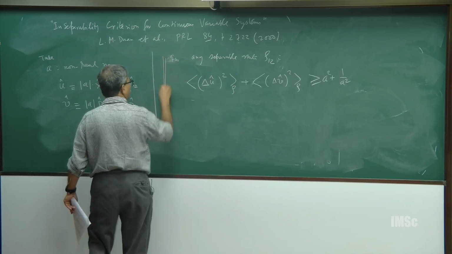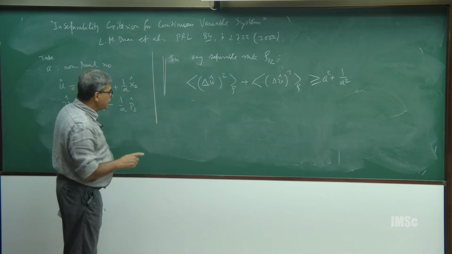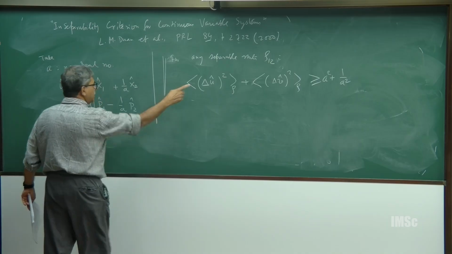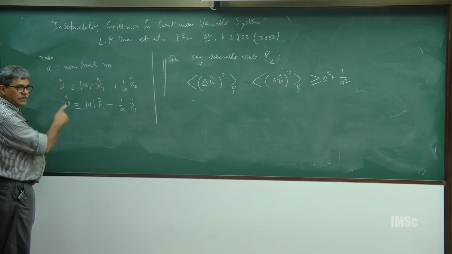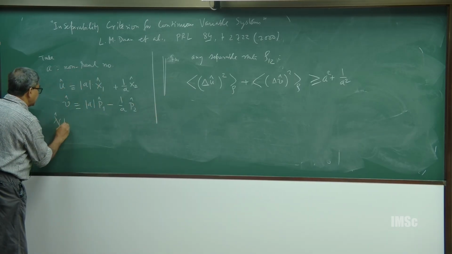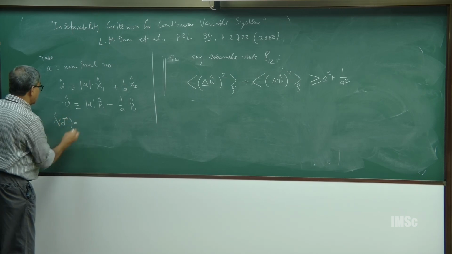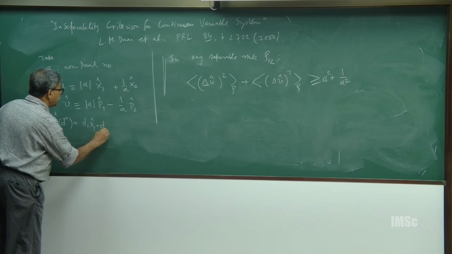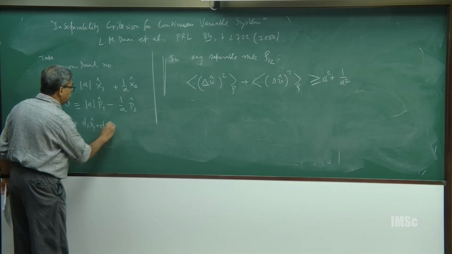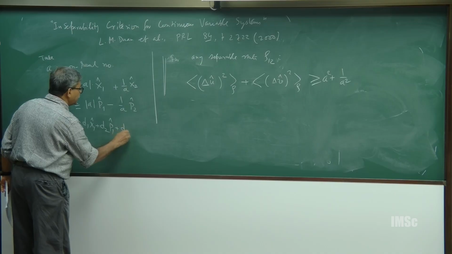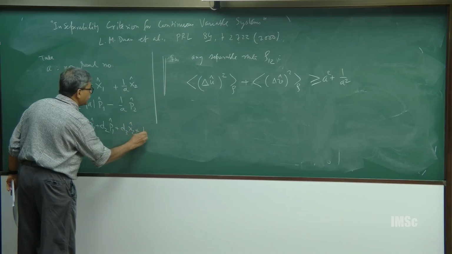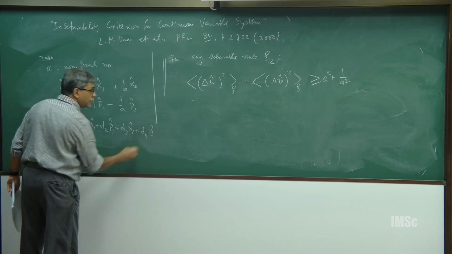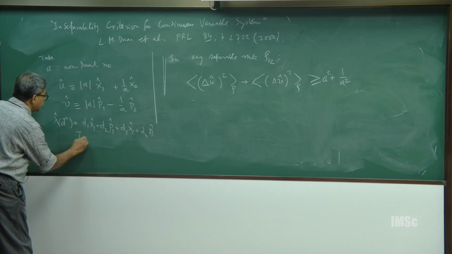Okay. So, remember in Simon's paper this u and v were more general, because you had this x d which was like d 1 x 1 plus d 2 p 1 plus d 3 x 2 plus d 4 p 2, where d is a real vector.